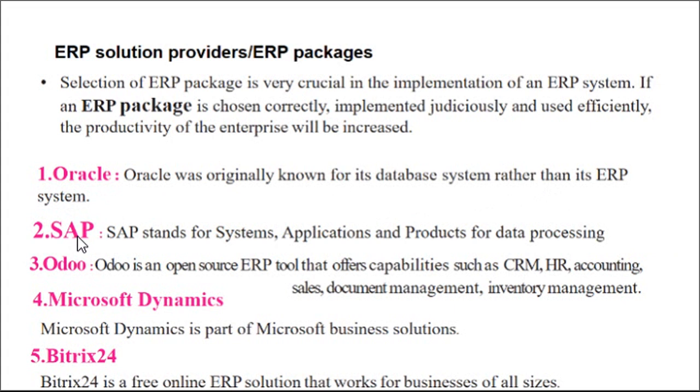Next one is SAP. SAP stands for Systems, Applications and Products for data processing. Whatever data we have, we can perform the applications in a standard way and obtain the products from that particular database. That is the system application product for data processing.